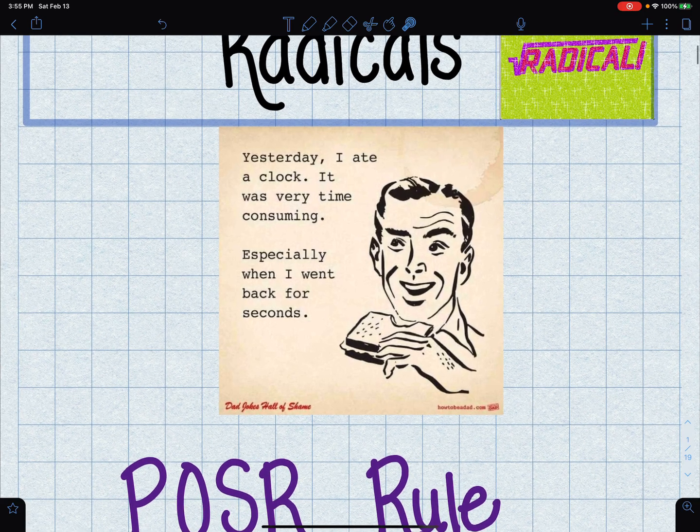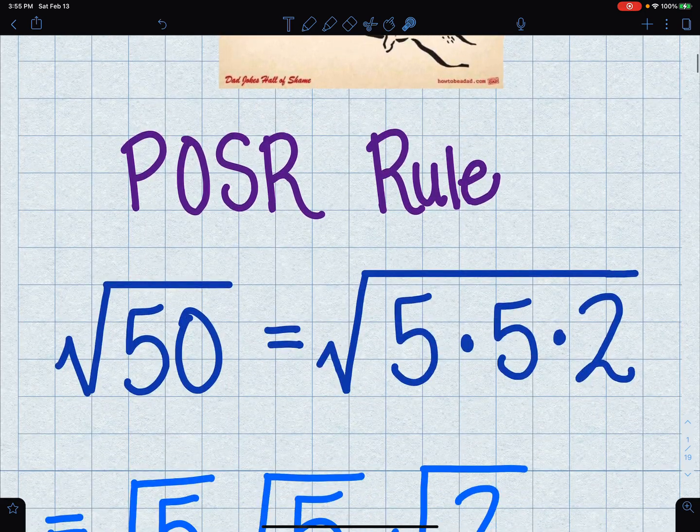And I'm going to remind you of the Poser rule. And if you don't remember the Poser rule, I don't know if I even called it the Poser rule, but if I didn't, I should have, because it is the product of square roots rule. And that's the rule that lets you do something like this, where the square root of 50 is the same thing as the square root of 5 times 5 times 2, because 5 times 5 times 2 is 50, of course.